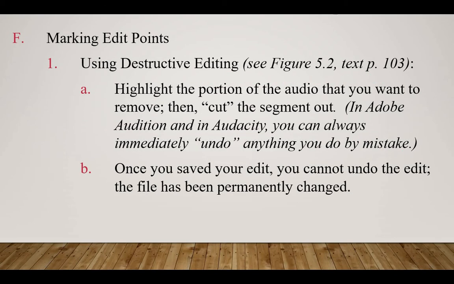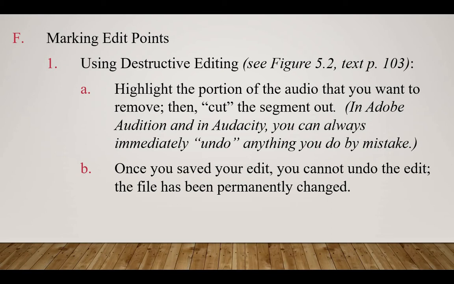Marking edit points. If we are using destructive editing, by the way, a good example and follow-through is in your textbook. Look at figure 5.2 to guide you along with that. What you want to do is highlight the portion of audio that you want to remove, and then you cut the segment out.